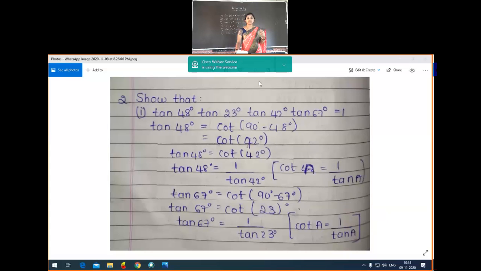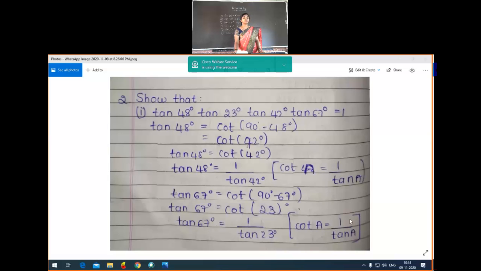Now, in the same way, I am going to take this one, tan 67 degree. You can take the second one also, by keeping these two constant. So now we are choosing tan 67 degree. Tan 67 is equal to cot of 90 minus 67. You all know, tan 67 is equal to cot 23.